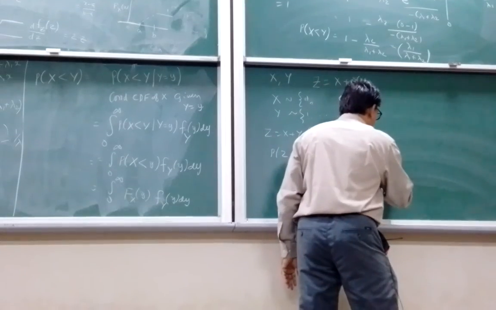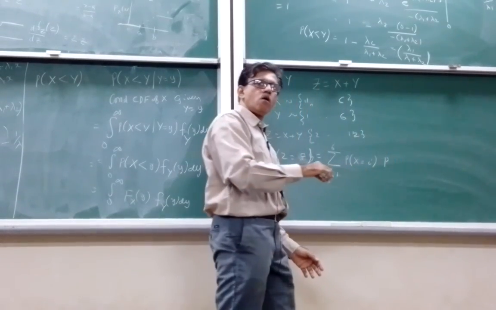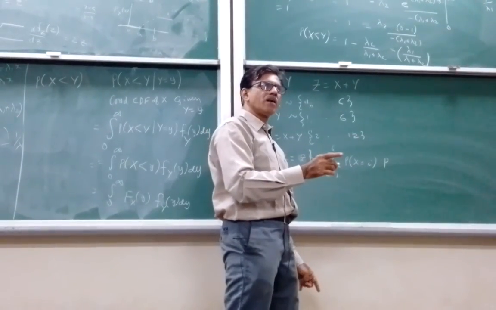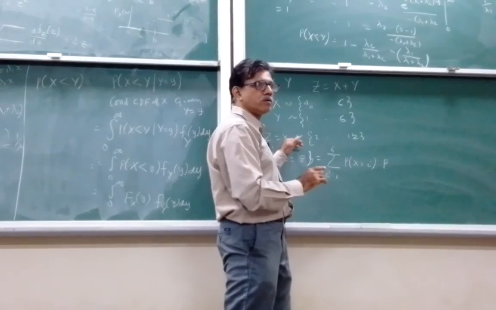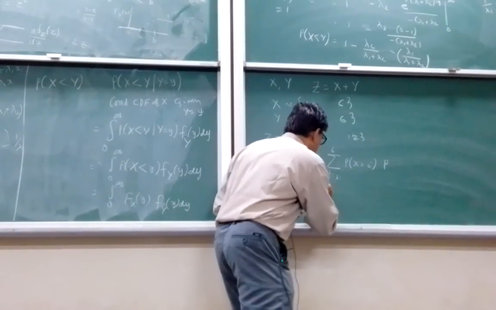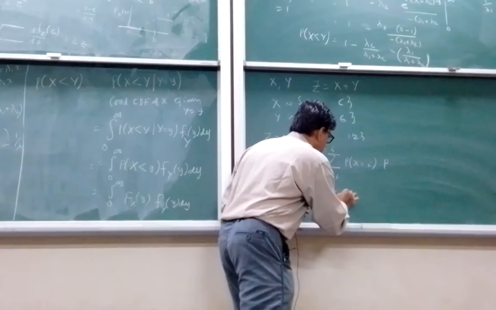And if that is the case, what are the values of y that are allowed, in order to maintain the condition z is equal to x plus y?